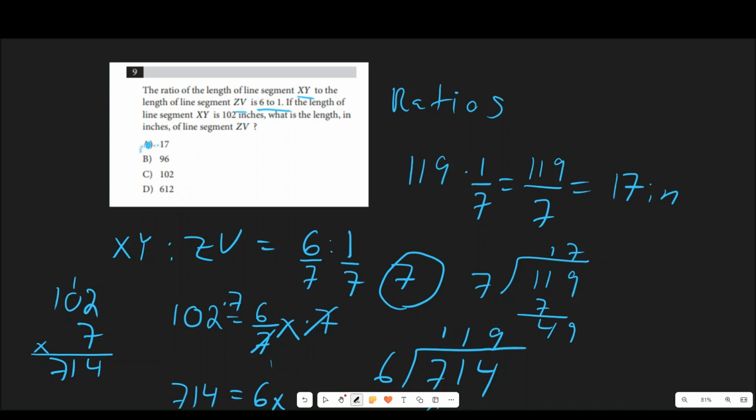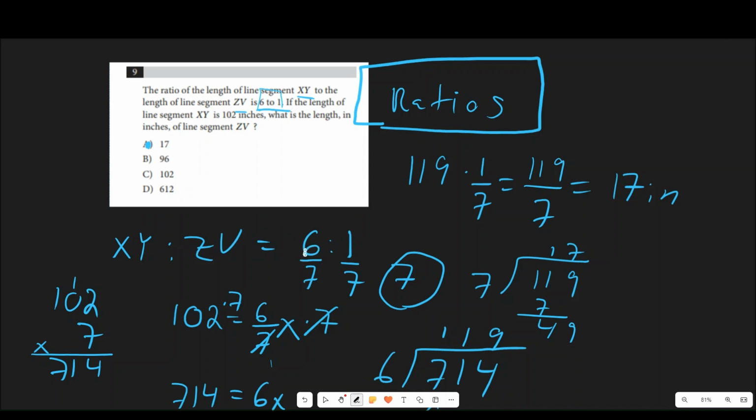So there you have it. That is how you solve this one. Again, the main thing here was to understand ratios. Ratios were the key concept for this question. All we had to do was identify first what is the ratio between XY and ZV. Well, they gave us 6 to 1, and ratios mean nothing more than the number of parts equated to two different groupings or pieces.